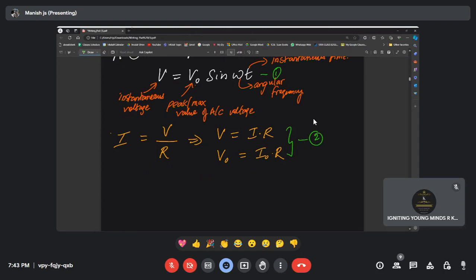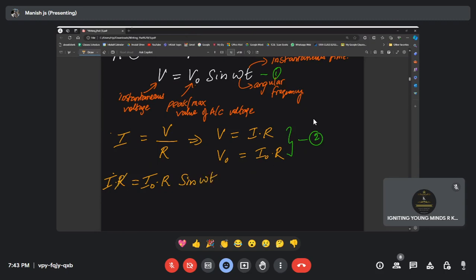If I put the values of 2 in 1, I will get an expression in terms of current. V is simply I into R, and V naught is I naught into R. So I into R is equal to I naught into R times sine omega t.